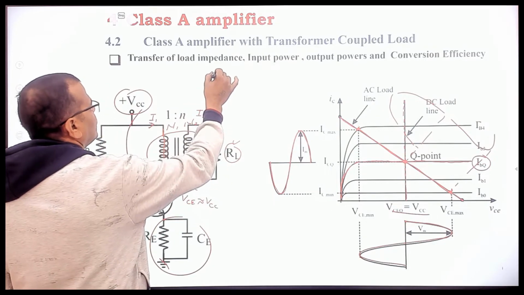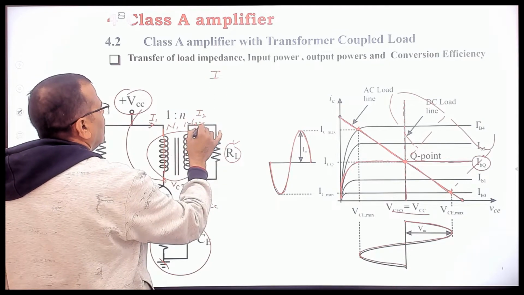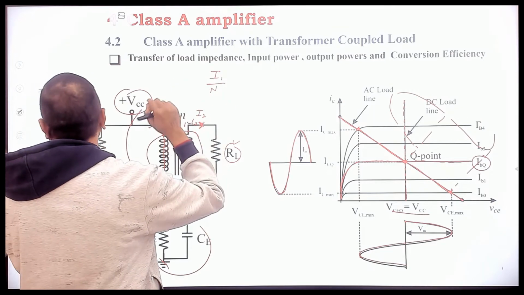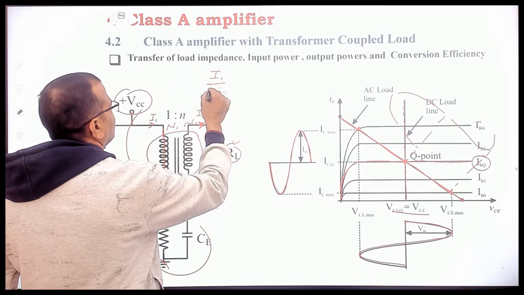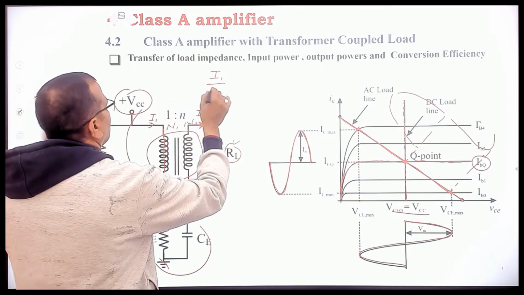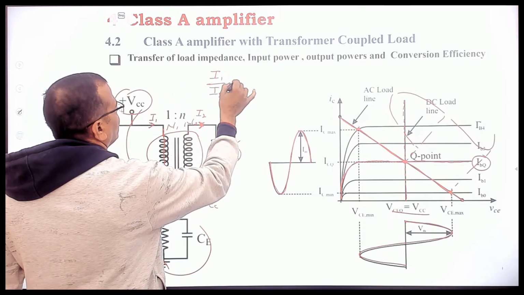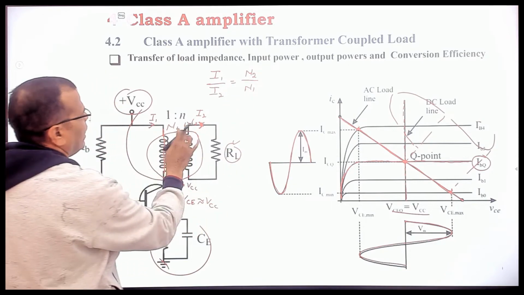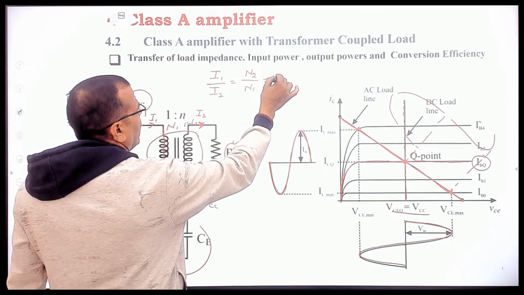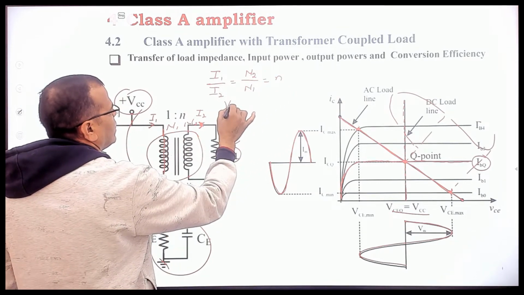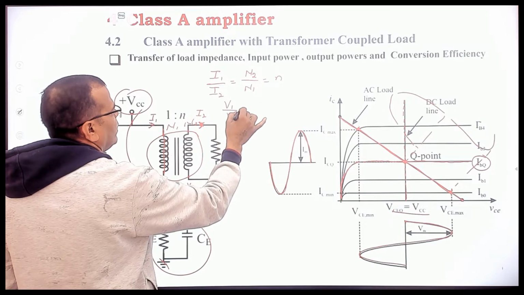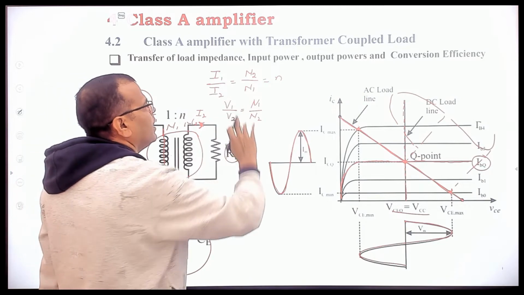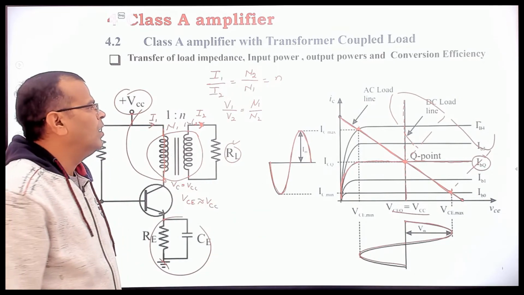The transformation ratio of a transformer you can take like this: current I1 by I2 is equal to the transformation ratio N2 by N1, which is equal to n. Similarly, voltage transformation ratio V2 by V1 is equal to N2 by N1, the general expression of transformation ratio of a transformer.